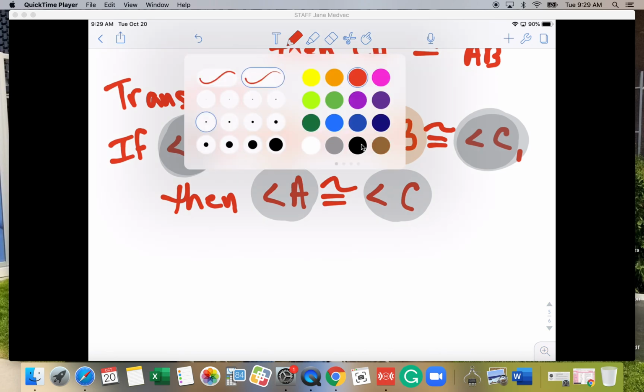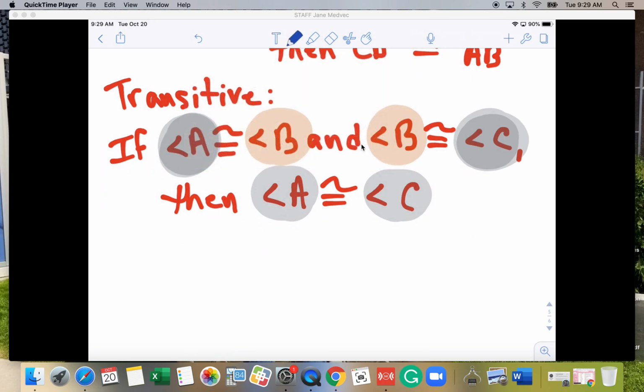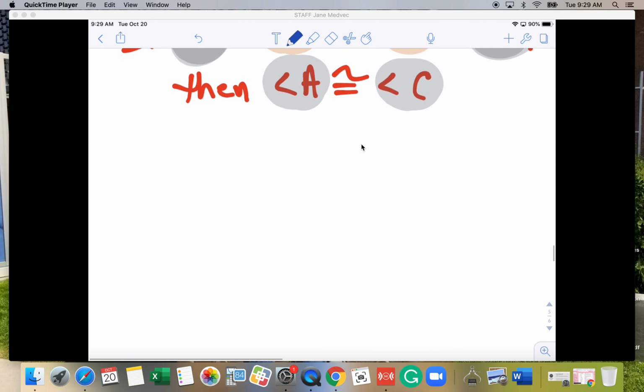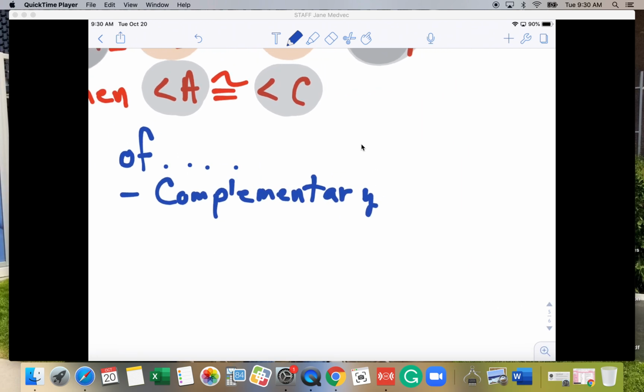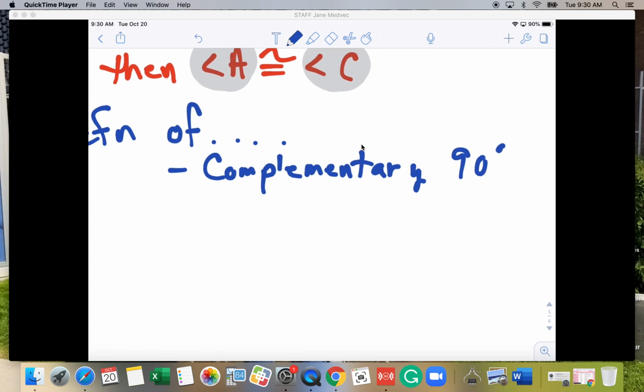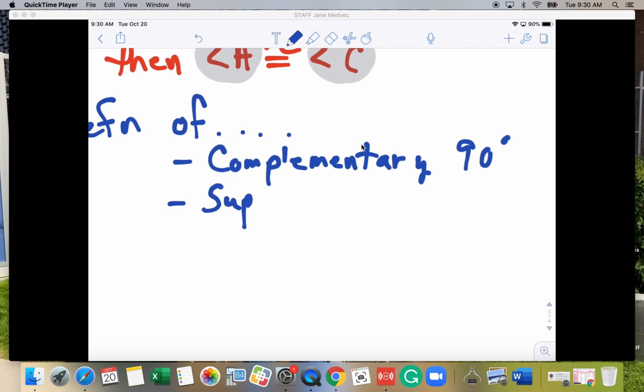Today, to add to this sheet of ours, I would add definition of, and you remember in the last proof there were quite a few of them: definition of complementary angles, supplementary angles. If you need to, put 90 degrees or sum of 90 degrees, and supplementary is 180 degrees.